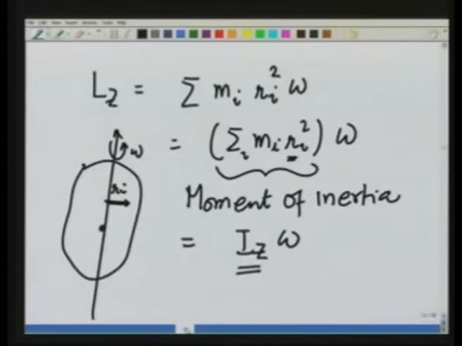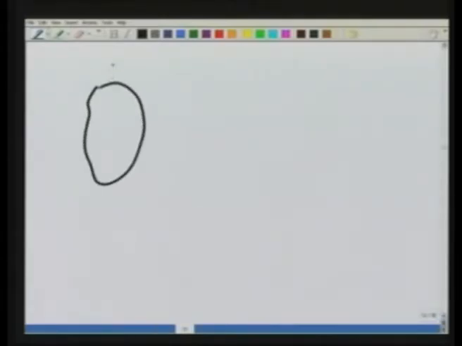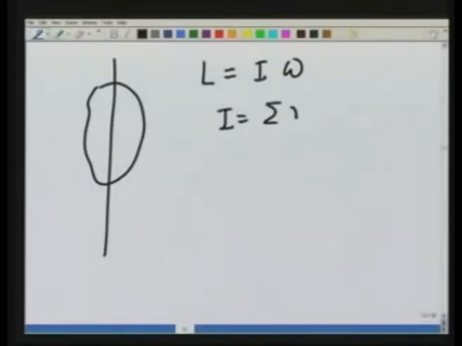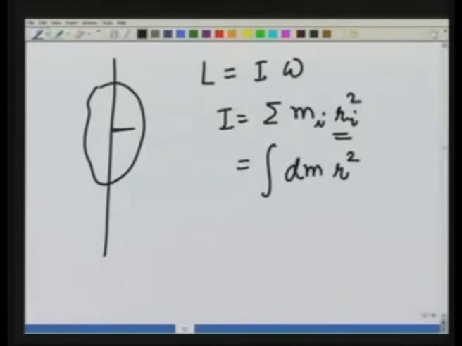So, what we found is that given a body which is rotating about an axis, its angular momentum L is going to be given as I omega. I have dropped the axis z, where I is nothing but summation m_i r_i square, where r_i is the perpendicular distance from the axis, or if the mass distribution is continuous, I can write it as integral of dm r square.